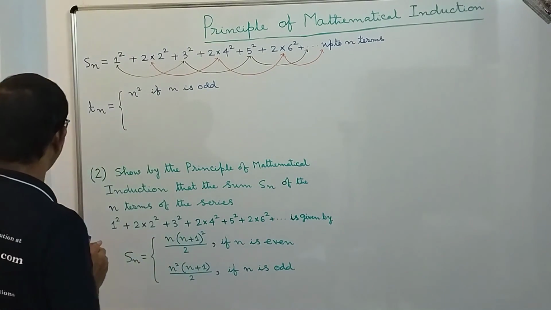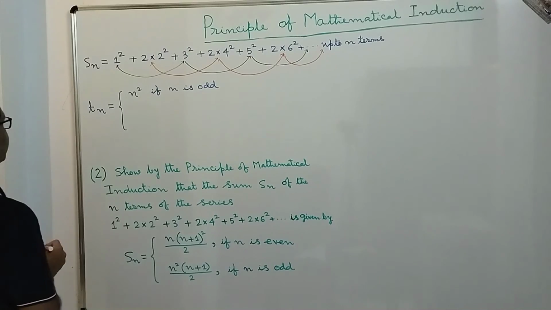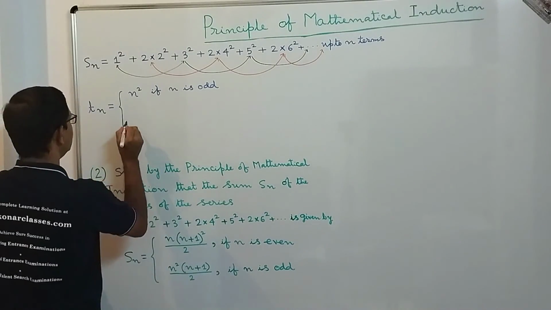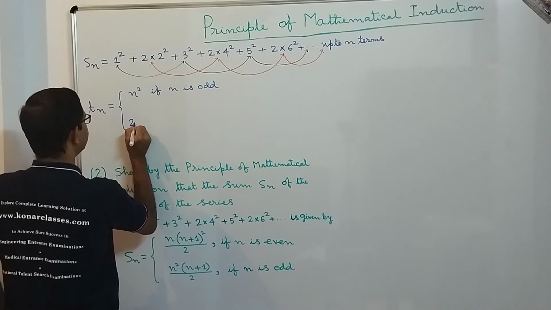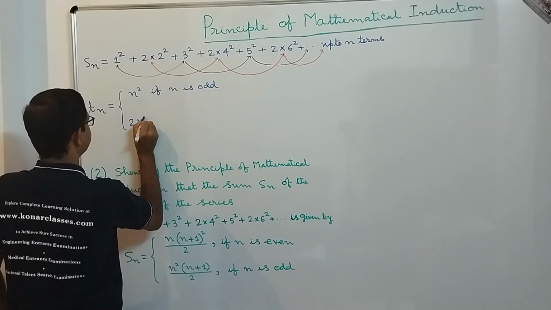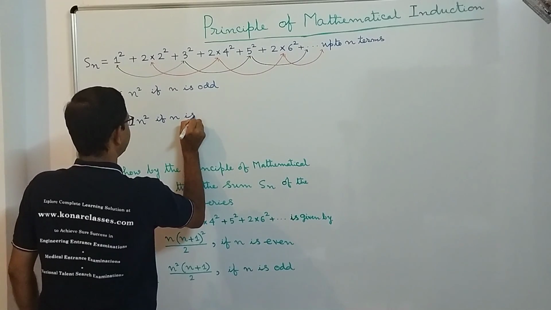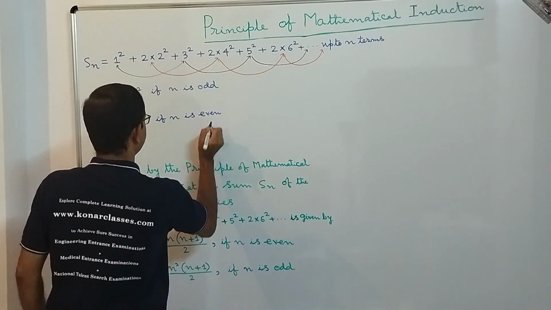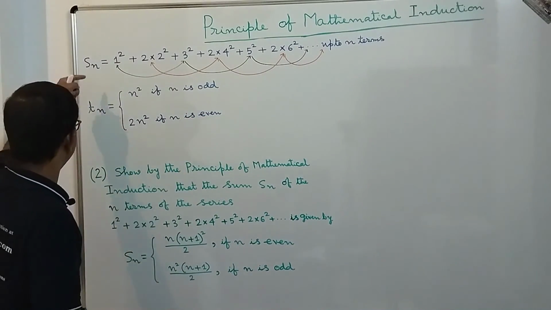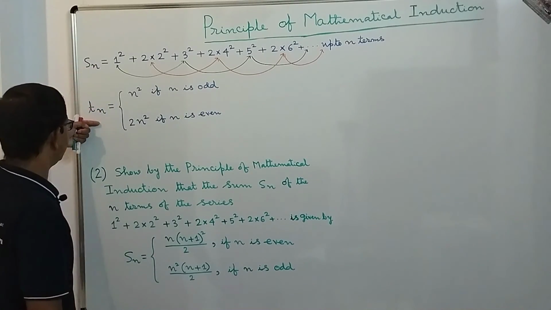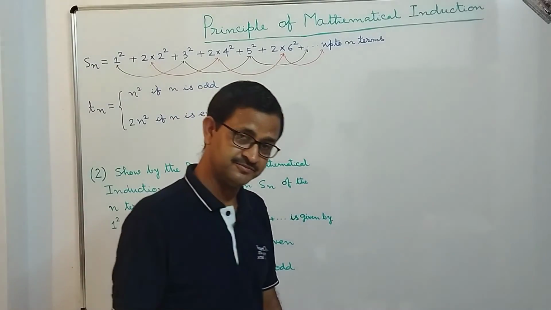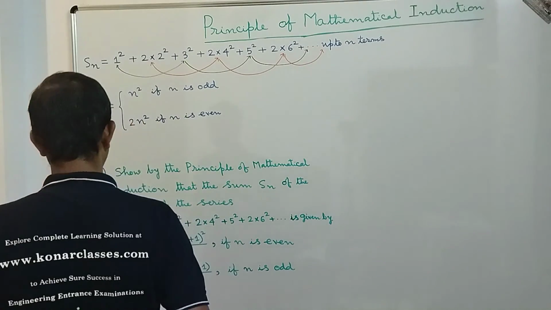So we can generalize the nth term Tn as 2 into n square if n is even. So from this sum up to the first n terms, we can generalize the nth term Tn, and that is very important here.